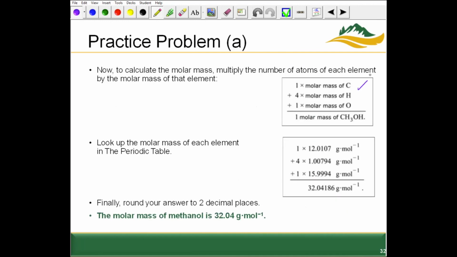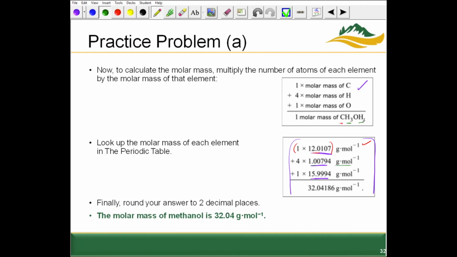So from this starting point then, we can go to our handy, very handy periodic table, and we find the molar masses for carbon, hydrogen, and oxygen. Carbon weighs about 12 grams per mole. There's only 1 carbon present, so that's to account for the 1 carbon atom in this molecule. Next, for hydrogen, it weighs about 1 atomic mass unit or gram per mole.